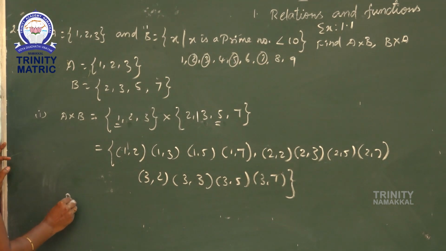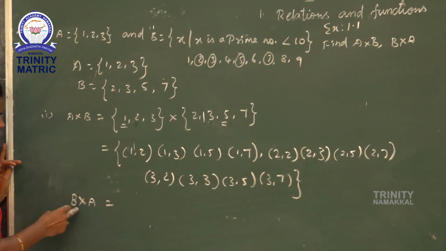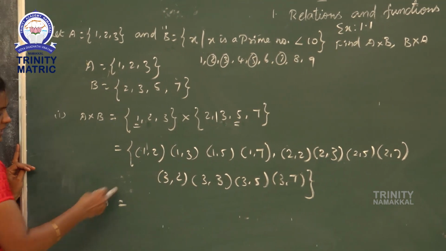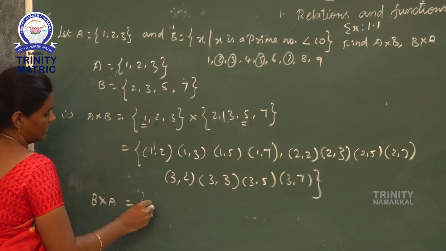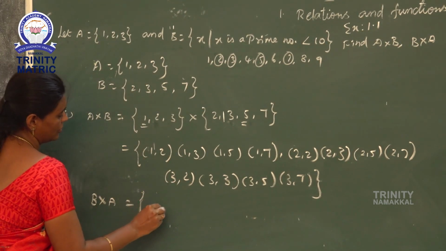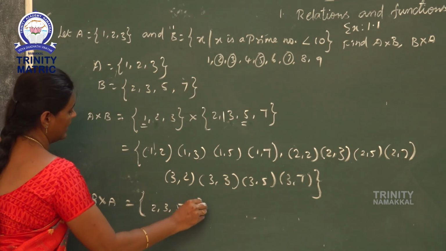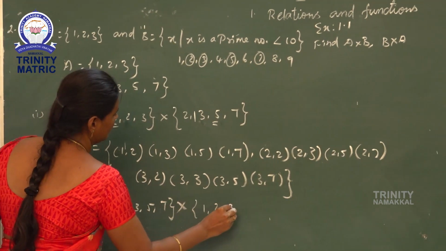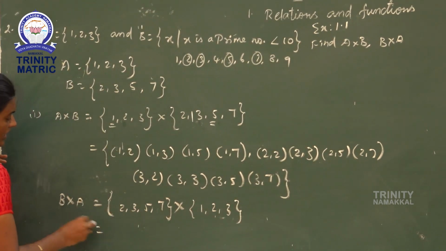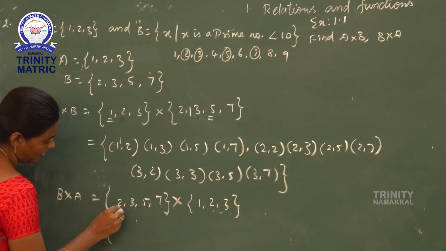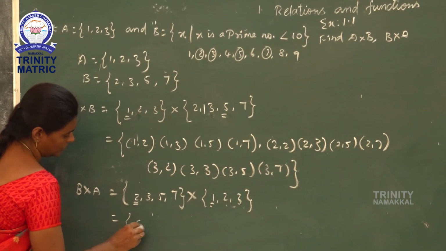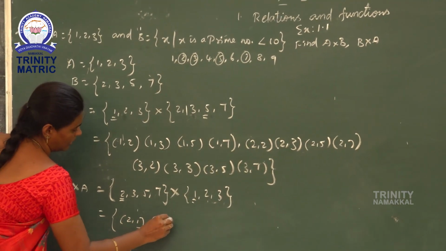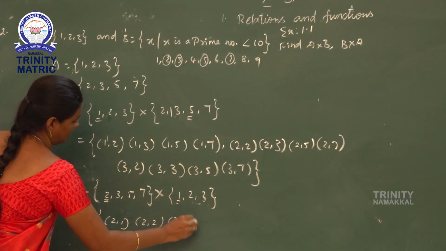Next we find B cross A. Here the first set is B, so we write the elements of the set B, 2, 3, 5, 7, cross the set A, 1, 2, 3. Now we find B cross A. We write in ordered pairs. First we take 2 with 1, 2, 2, 2, 3.